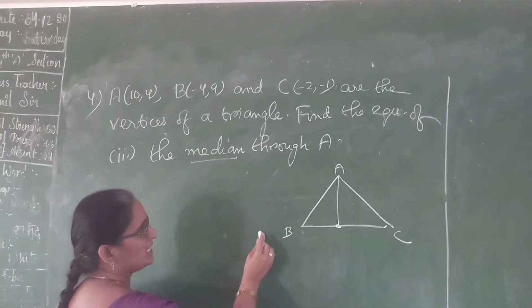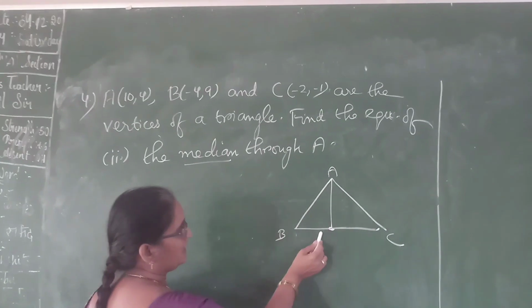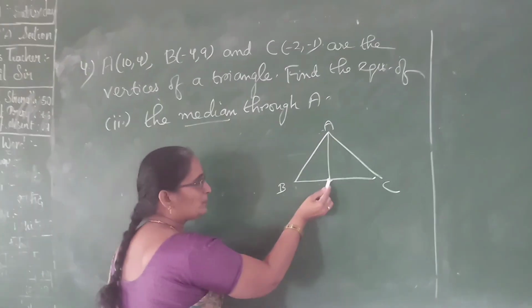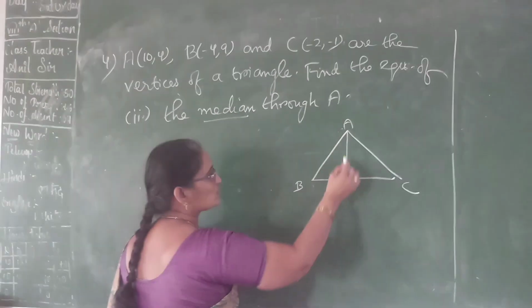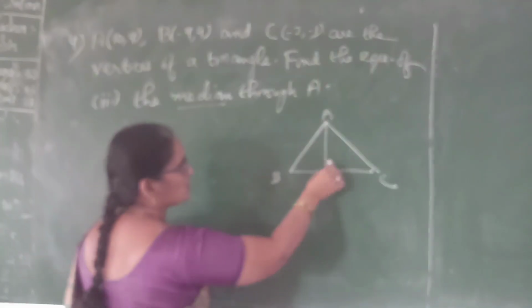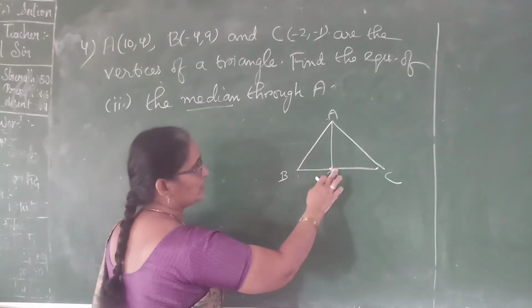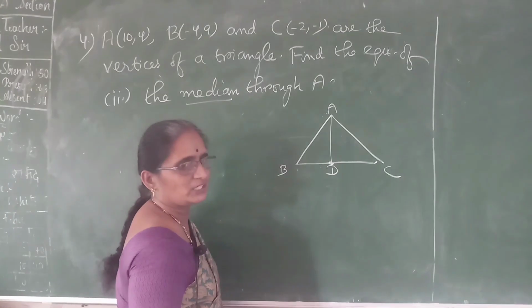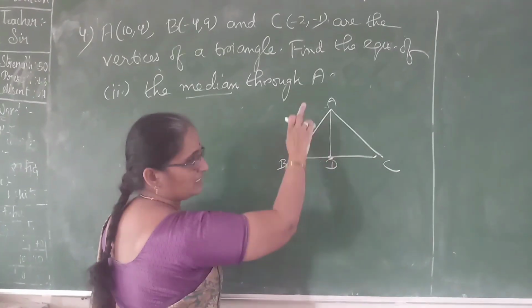That means the median is the straight line joining the vertex to the midpoint of the opposite side. Remember, it is the midpoint, not a 90-degree angle. So we have to find the equation of straight line AD.